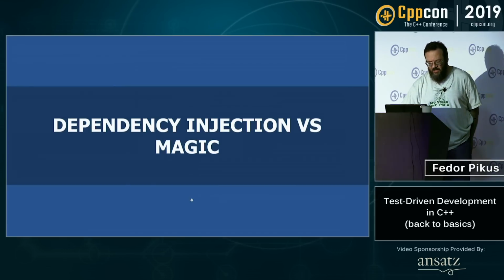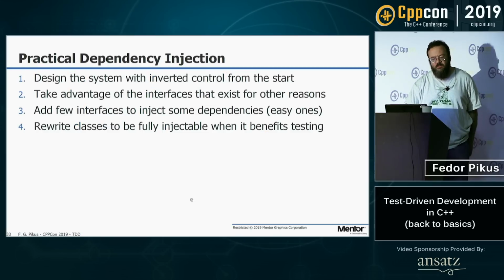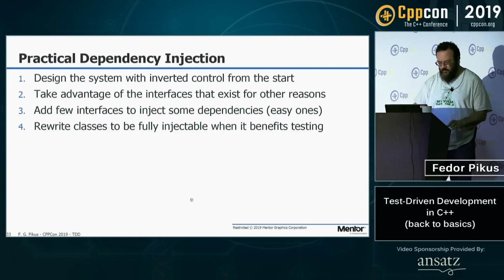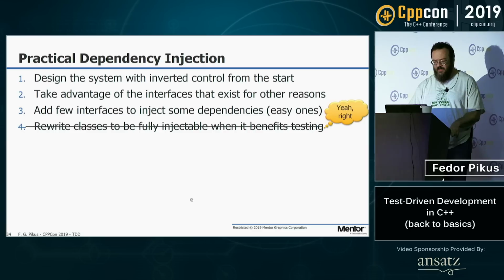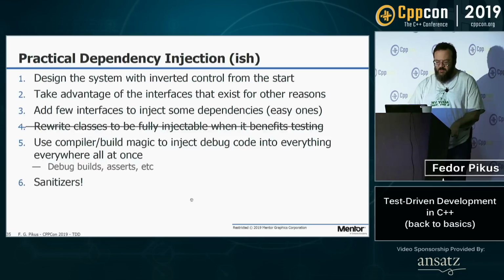It's too hard. If you design for it, well, you may be able to. If you didn't design for it or it's too hard to design for it, you go back to magic. So yeah, dependency injection, you have to rewrite all the classes, make them injectable. Not going to happen. It would be nice, but no.